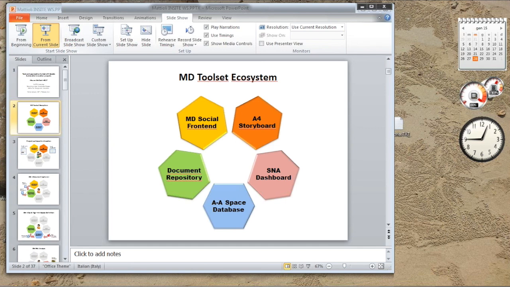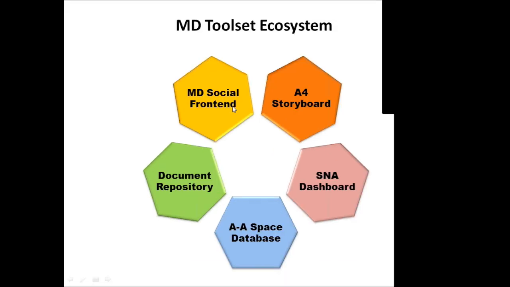Okay. So this is an overview of the components of our system, because we have different parts developed by different teams in Europe that work together to build this web platform. We have 5 subsystems working together. We have a portal, the yellow one here, which is what we call the social front end, working together with the other subsystems.